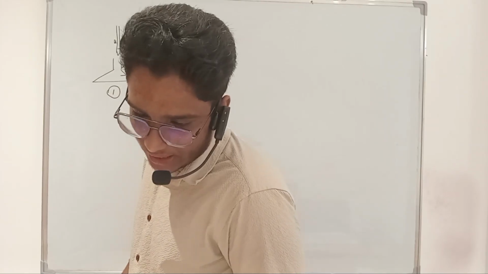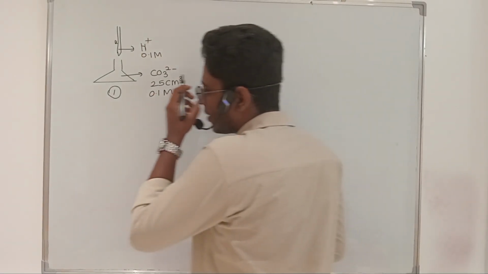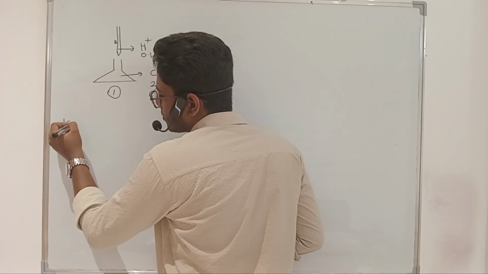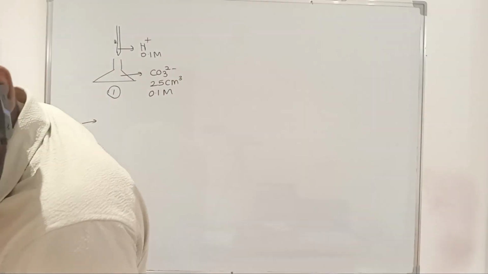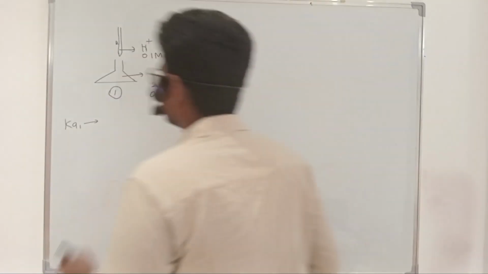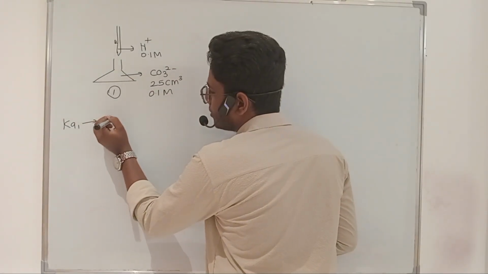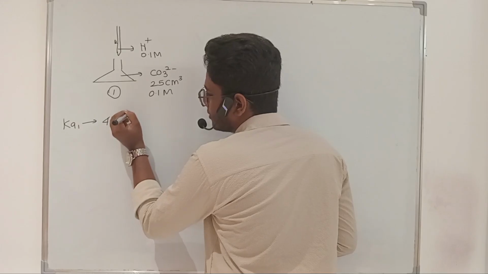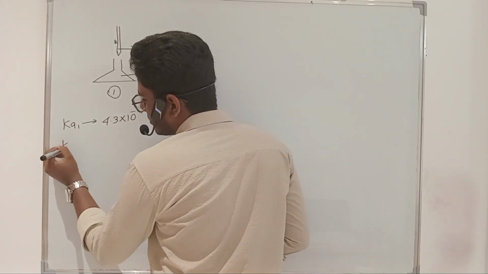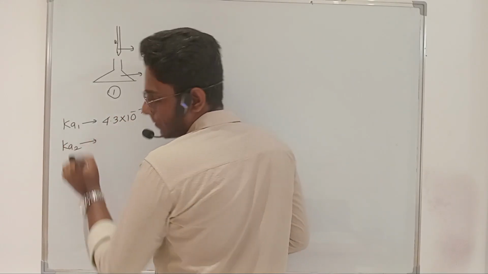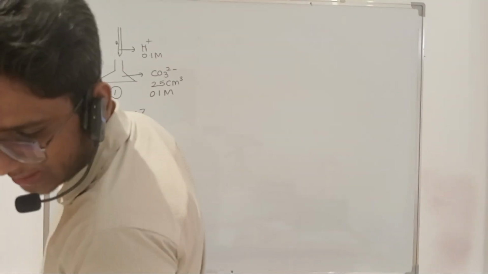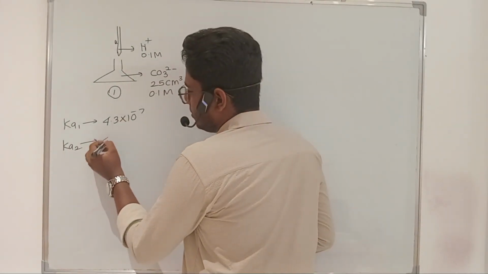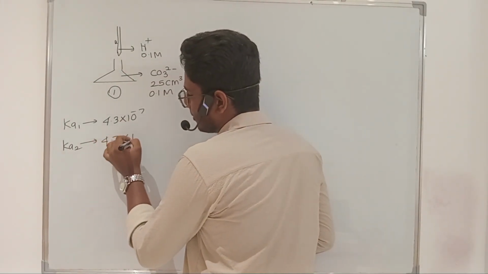Okay. And they have given Ka1 and Ka2, right? Ka1 is given as 4.3 × 10⁻⁷, and Ka2 is given as 4.7 × 10⁻¹¹.